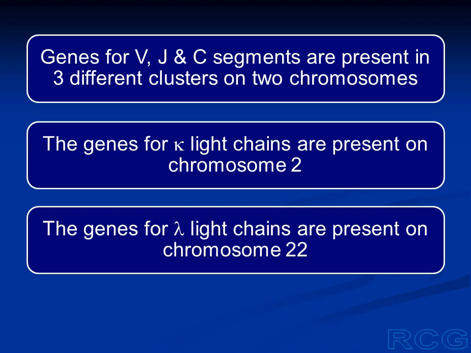The genes for kappa light chains are present on chromosome 2 and the genes for lambda light chains are present on chromosome 22. But for both, the genes are present in three different clusters: the V cluster, the J cluster, and the C cluster.